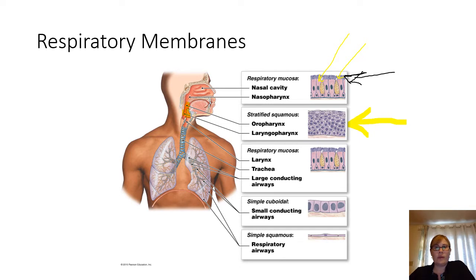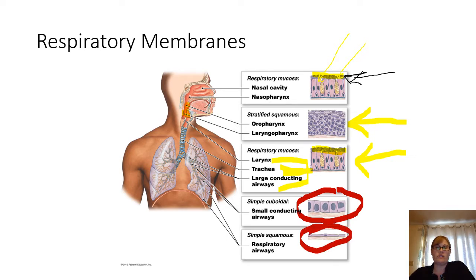So then going forward to the respiratory mucosa, middle section here, larynx, trachea, and large bronchial passageways, we still have that pseudostratified ciliated columnar epithelium. Once we start getting into the smaller airways, we start seeing some cuboidal.